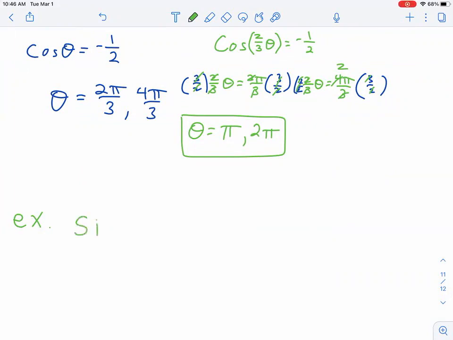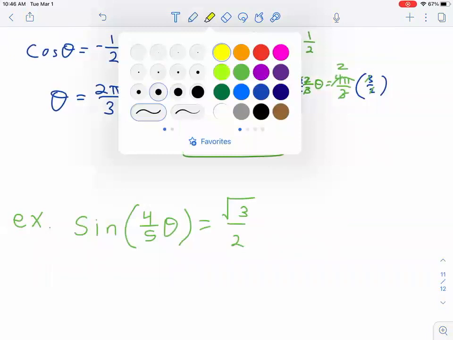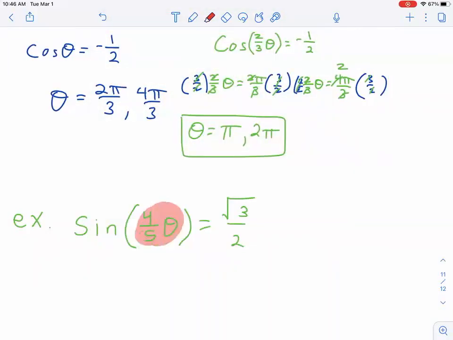Let's say the sine of 4/5 theta is equal to √3 over 2. So think of this as kind of one part. So where is the sine equal to √3 over 2?